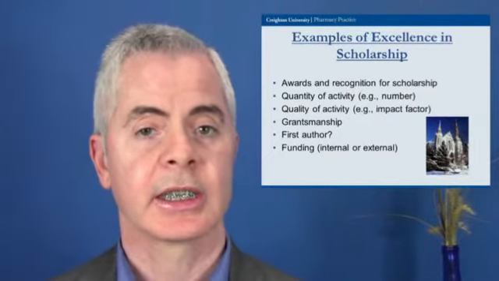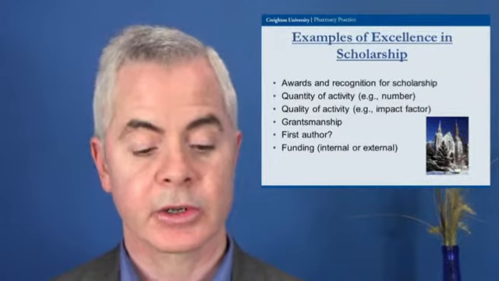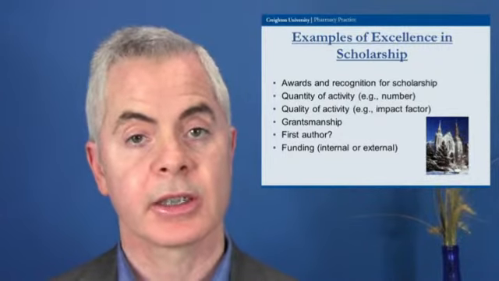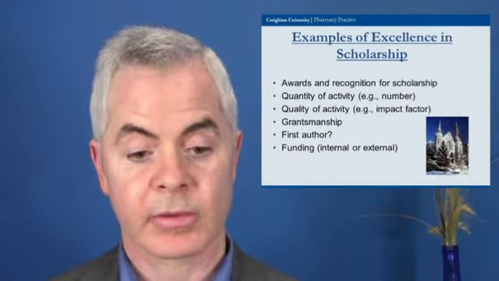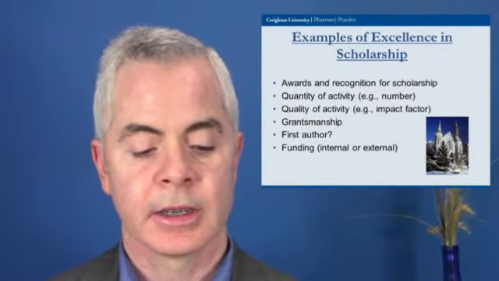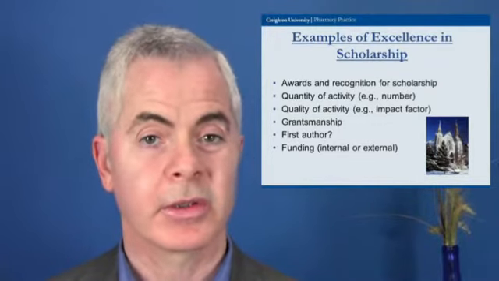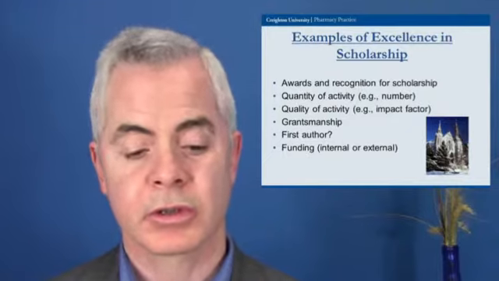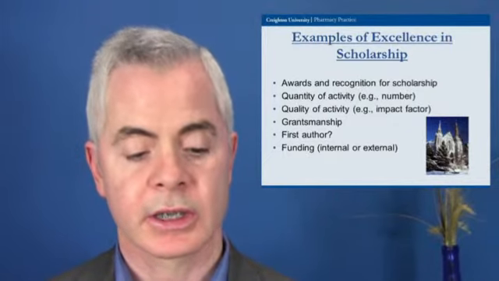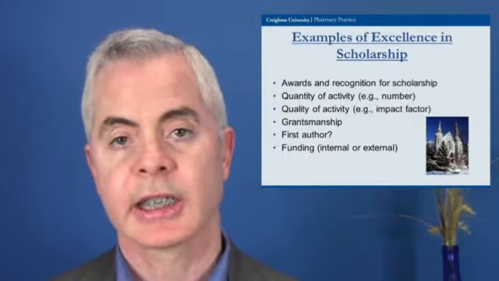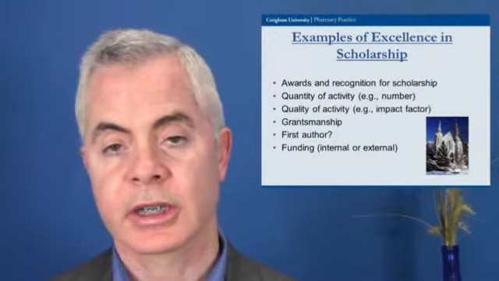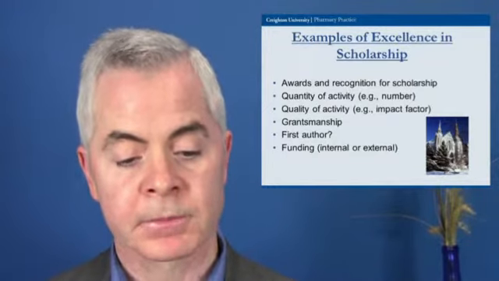If you're a clinician educator person, it's not necessary, but it certainly shows your efforts within scholarship. First author is important, I think, for teaching research purposes, less important for clinician educators. And then again, if you're teaching research or clinician educator, if you've achieved funding, that's an important example of achievement or even excellence within scholarship.